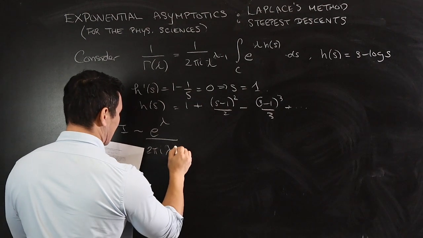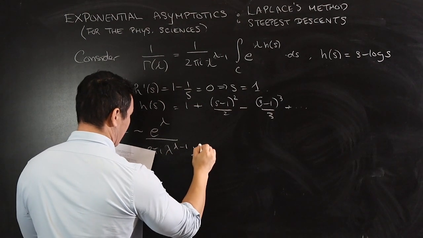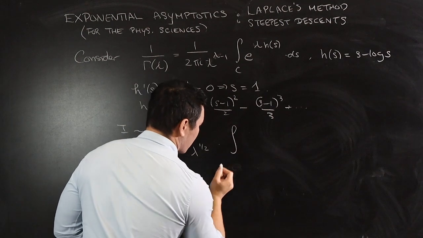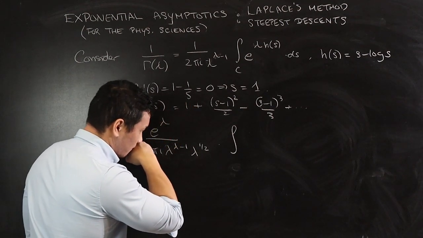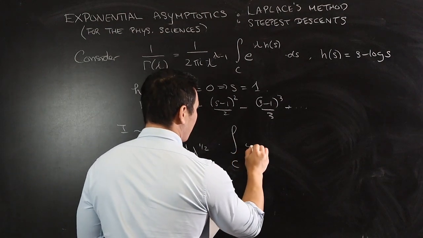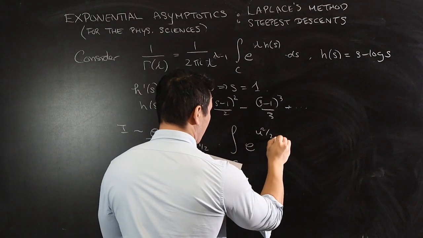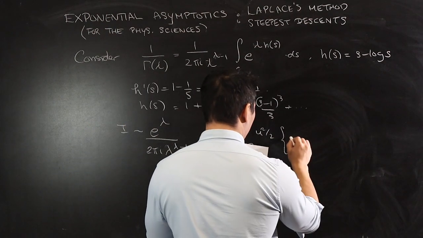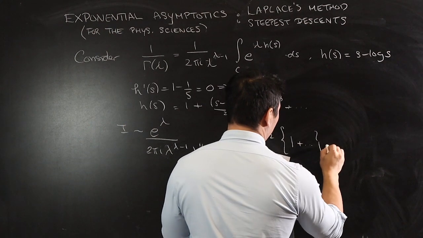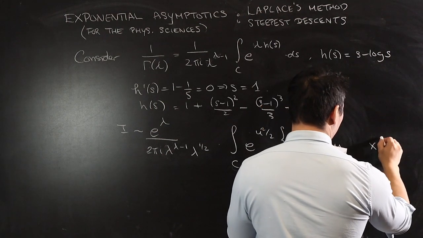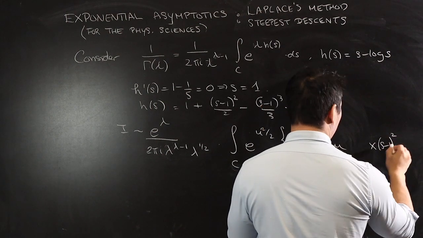It is lambda to the lambda minus 1, lambda to the 1/2, times an integral over c of e to the minus u squared over 2, times 1 plus dot dot dot, du, and I had to do a little transformation for u in the usual way. I'm going to let lambda times (s minus 1) squared be u squared.